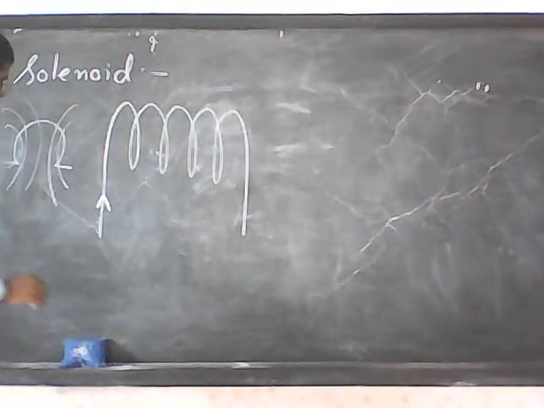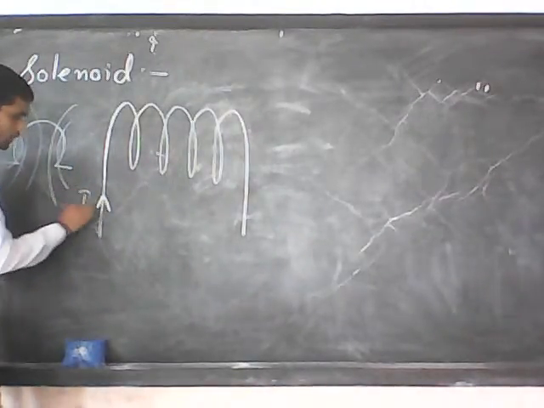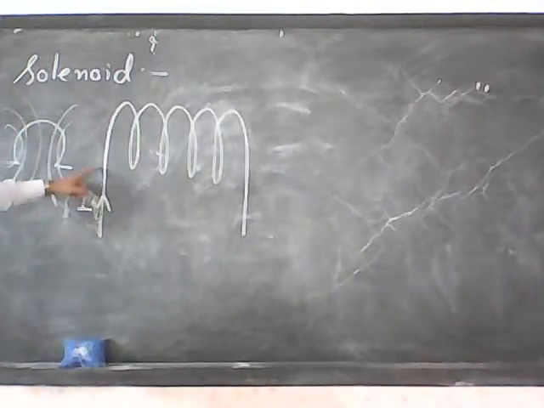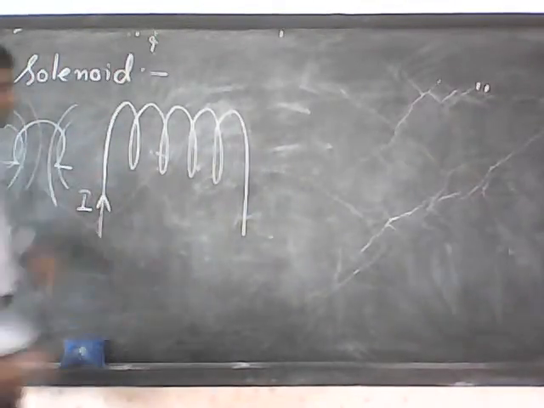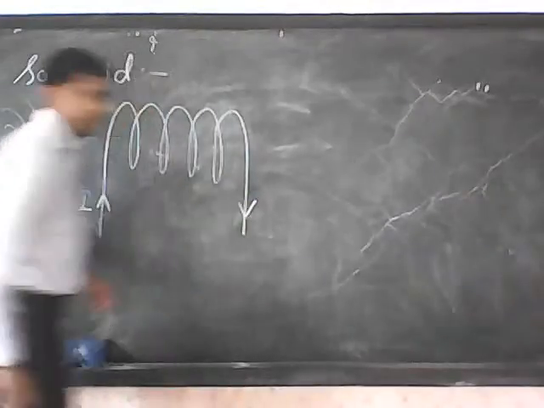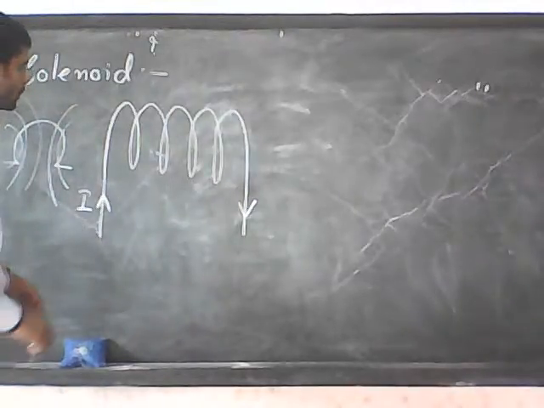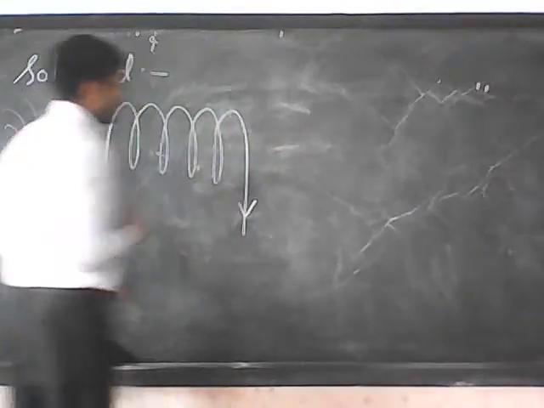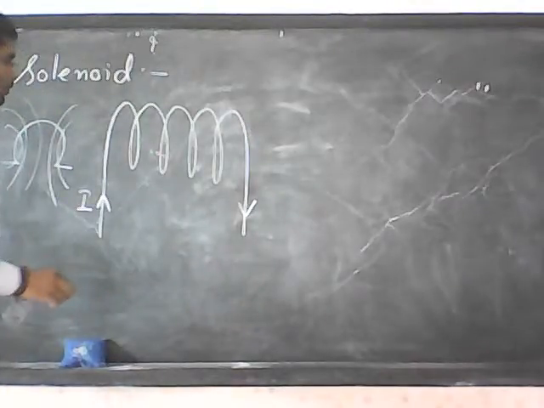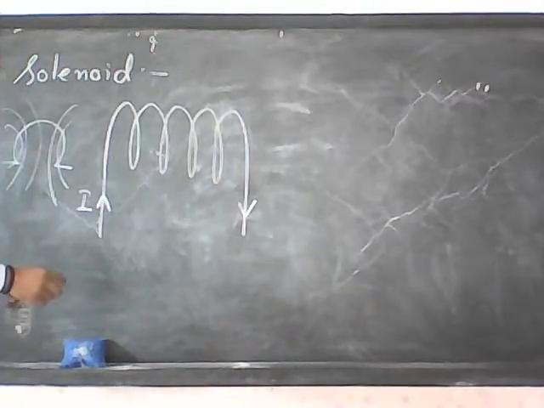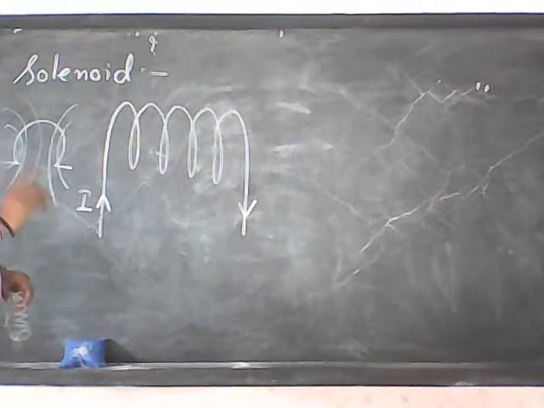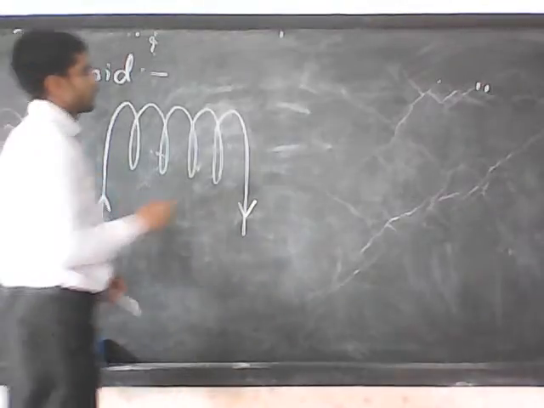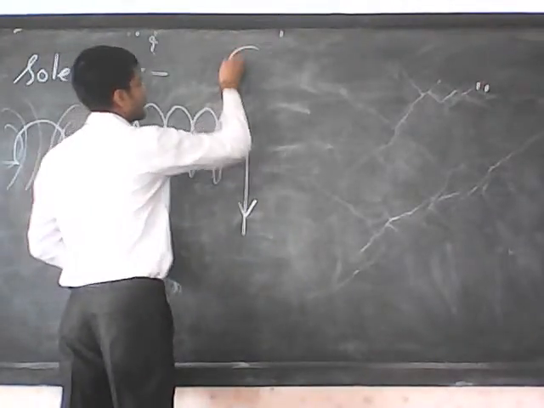Now suppose the current I is flowing from this direction and coming out from here. So it is a long helical coil, no? Now, what will be the polarity? This can be determined by these two things. What is the first?